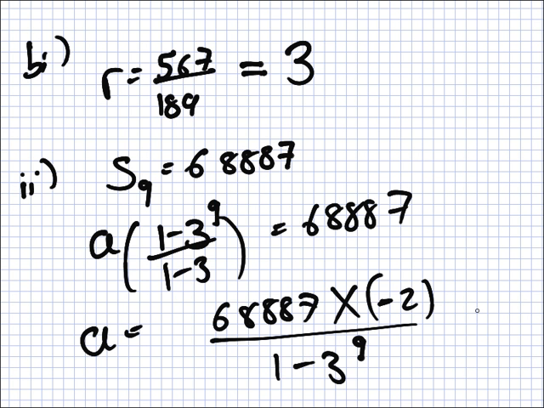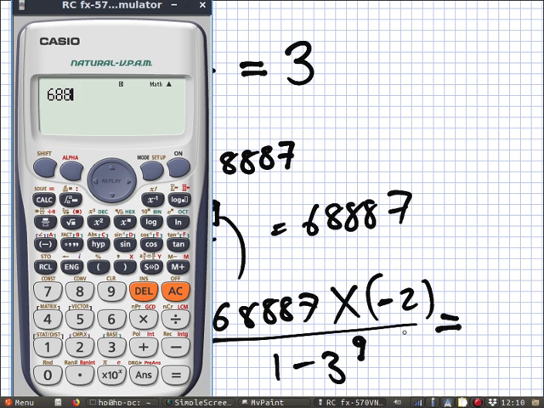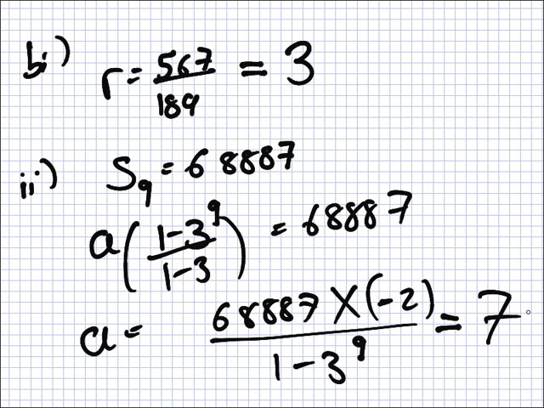So let's see what we get there. That is now for 2 marks, and the first one was 1 mark. So what do we get here? 68887 times minus 2 divided by 1 minus 3 to the power 9, 7.